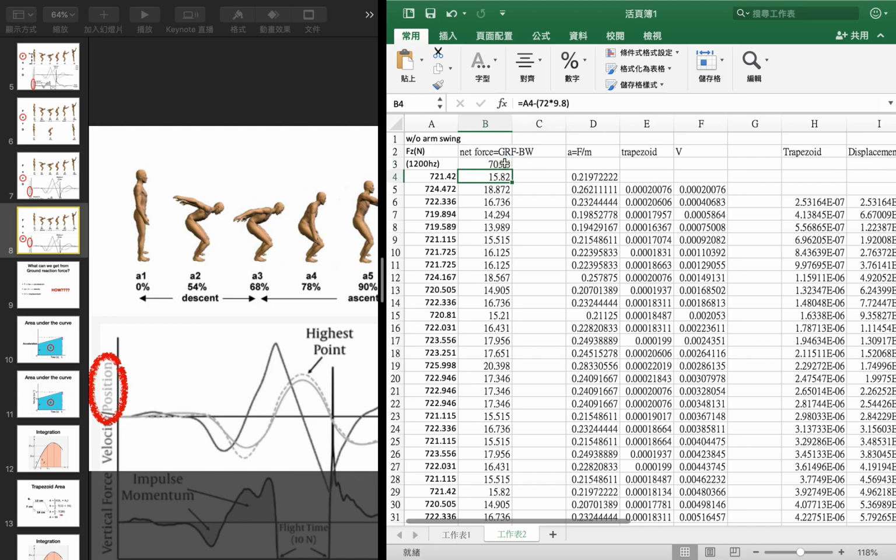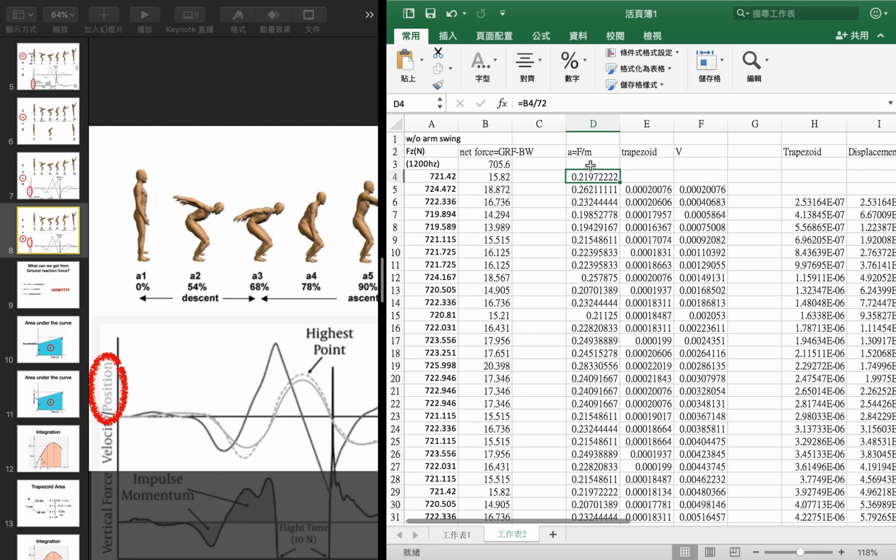Here, I use A4 minus my body weight. So that will be the net force here. And then for acceleration, we use force divided by mass. Because my mass is 72, you need to use kilograms as mass. So we use B4 divided by 72, which makes the net force become acceleration.